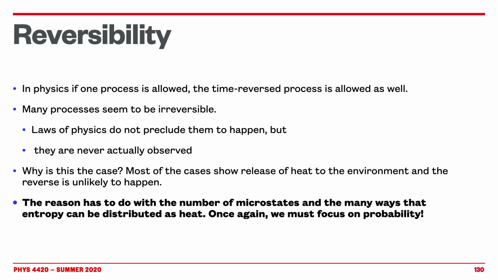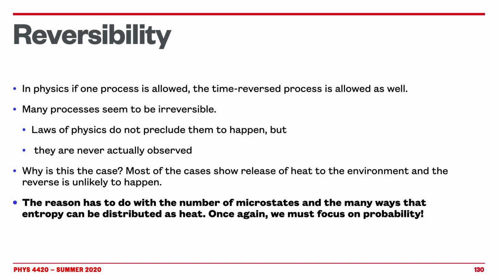But for now, it suffices to say that everything has to do with probability. So even though a particular physical process is allowed, it's not going to happen because it's essentially totally improbable. And when I say improbable, I'm talking about numbers like 10 to the power minus 50 probability, which means that it's not going to happen in our lifetime.